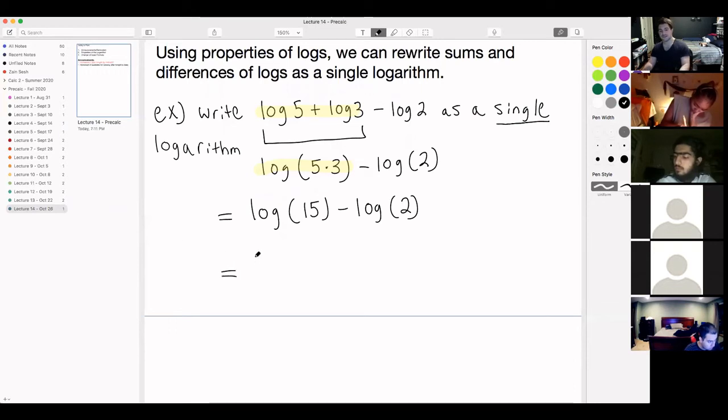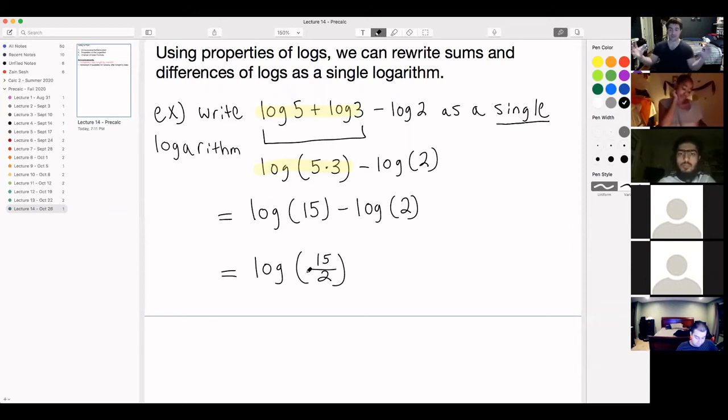So this is log of 15 over 2. We didn't do anything new in this example. We are just going in the opposite order. We're condensing now, going from an expanded form into a single logarithm. Any questions? From here to here, let me clarify, this was the quotient rule.